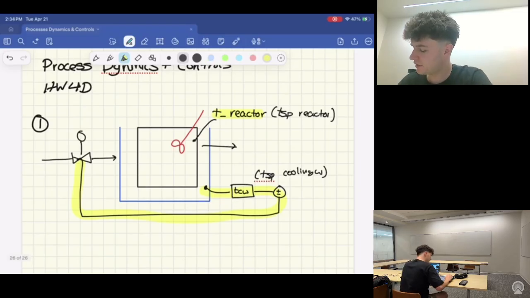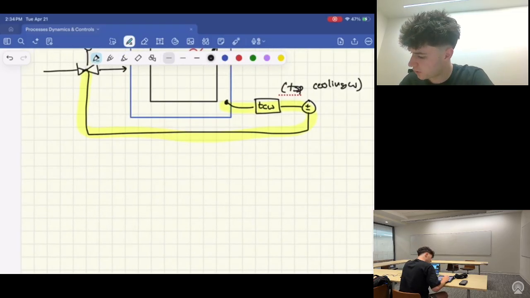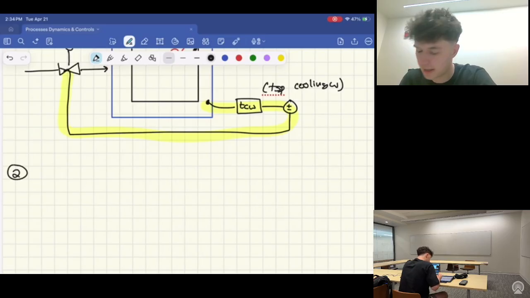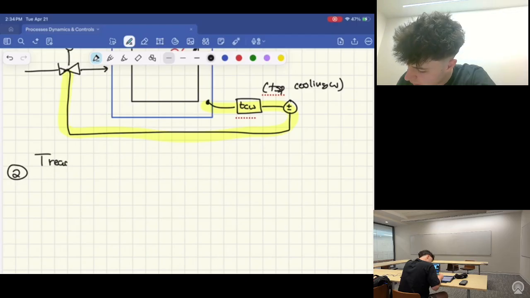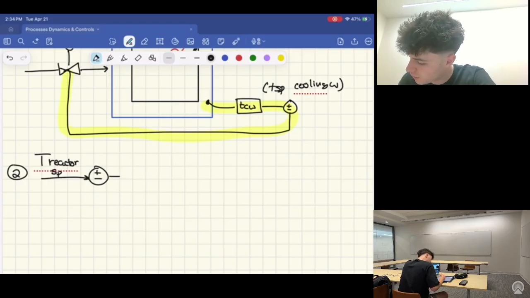So let's now get down into part 2, which becomes a little more complicated. In part 2, we're going to draw a flow diagram. We have T reactor, and we're going to draw this as the set point going into a controller. And then from this controller, you're going into the reactor and temperature controller.